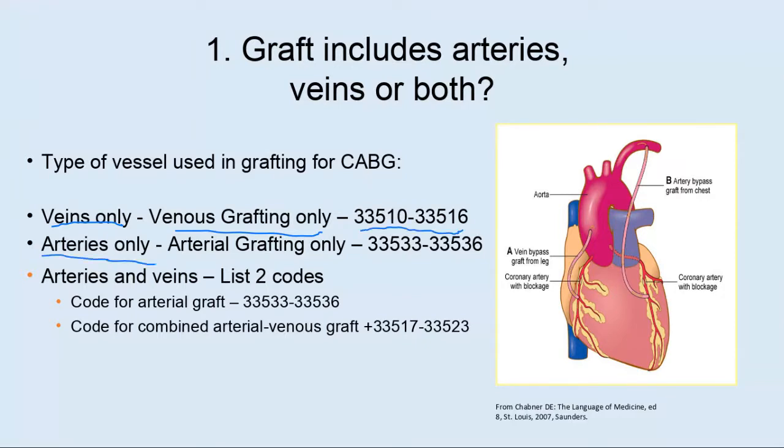If it's arteries only, go to the section entitled arterial grafting, 33533, 33536. If it is both, you code first the arterial graft from these codes, and then there is a separate section of add-on codes for combined arterial and venous grafting. And that's 33517, 33523.